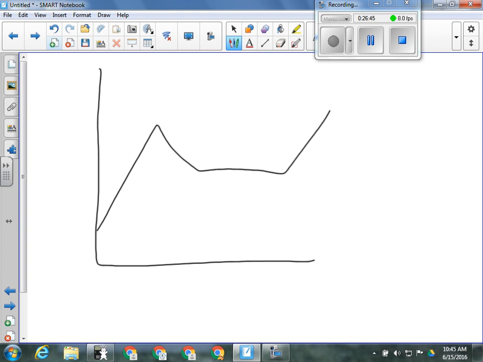And then I might ask just what's going on in part A, part B, part C, part D. This is a position versus time graph. This is an object traveling forwards at a constant velocity. This is an object traveling backwards at a constant velocity. This is an object at rest. This is an object traveling forwards at a constant velocity.